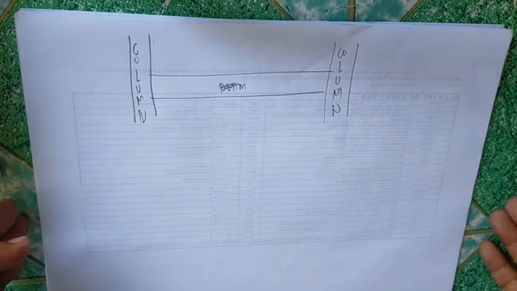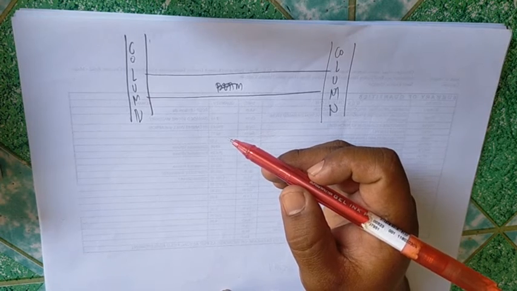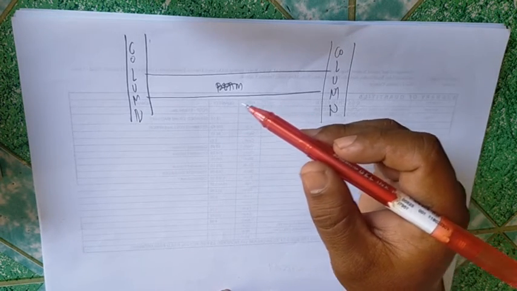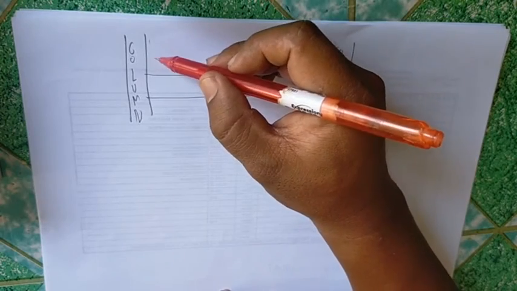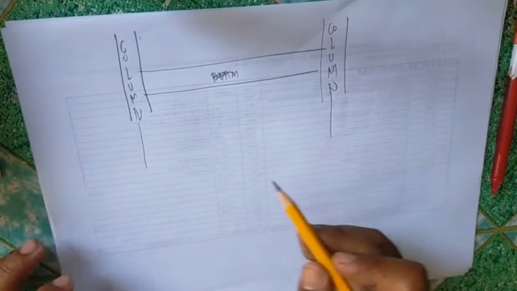Sometimes, take for example that the bending will be like this, shear and moment.